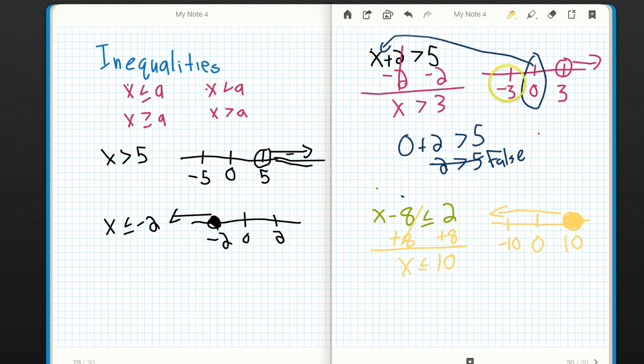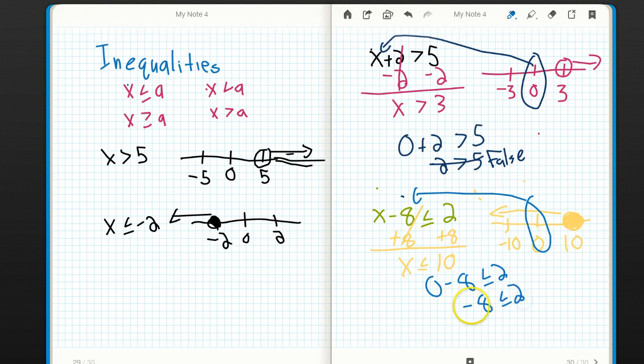Once again, we have to check. So again, we're going to use 0. So let's plug in 0. We have 0 minus 8 is less than or equal to 2. 0 minus 8 is negative 8. Is negative 8 less than or equal to 2?